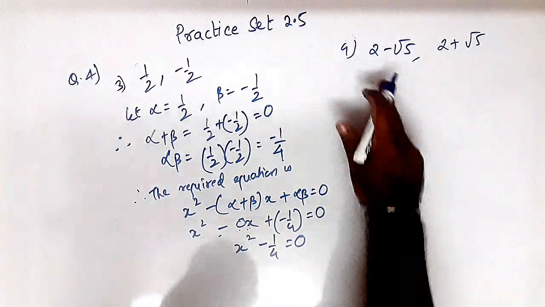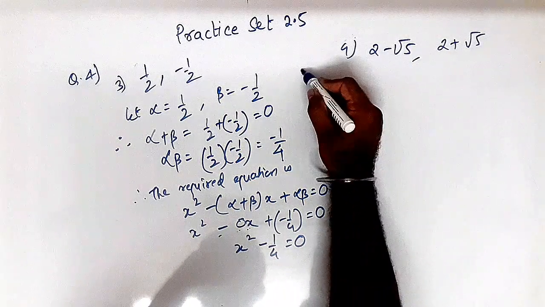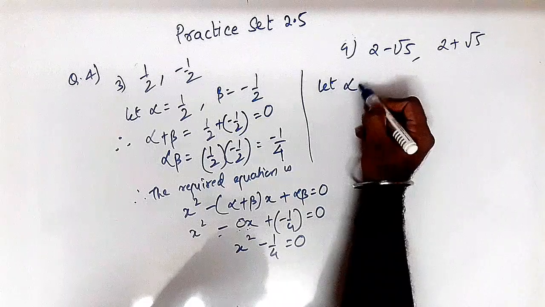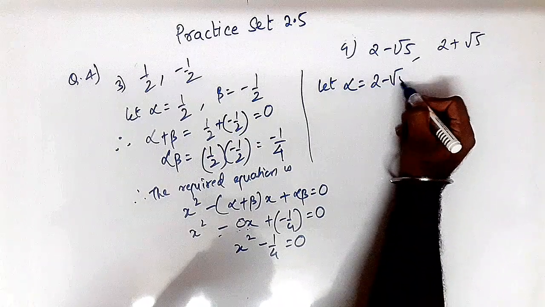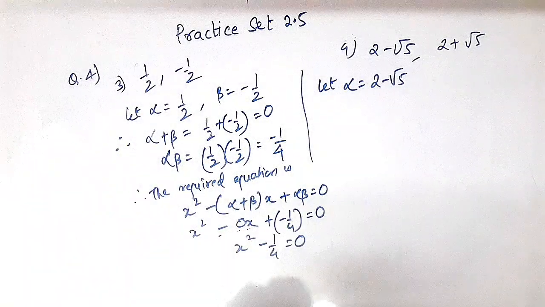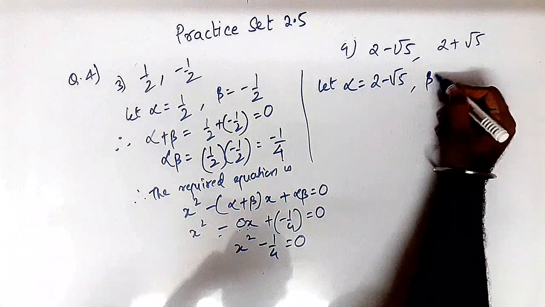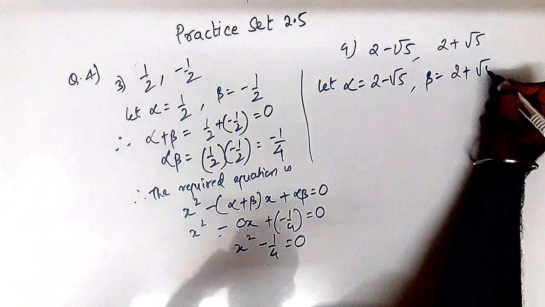Here see, it is a binomial surd, so I'll write let alpha equals to 2 minus root 5, okay, and beta equals to 2 plus root 5.